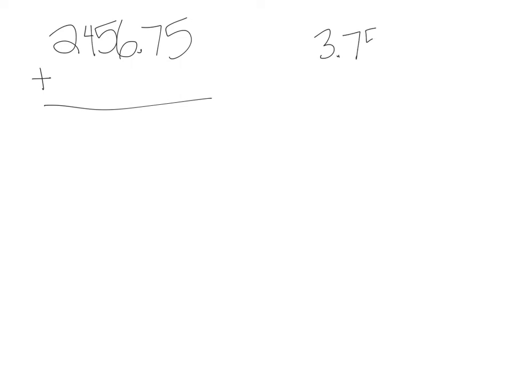So, we're going to start with he earns $2,456.75 as his base amount. Whatever we find he earned extra for the gym memberships he sold, we're going to add to that in the end. So now, if he earns $375 for every new gym membership, and he sold 30, I'm going to multiply.